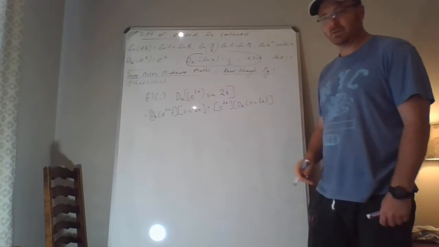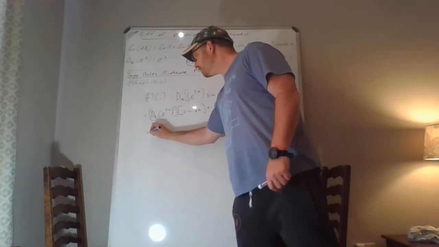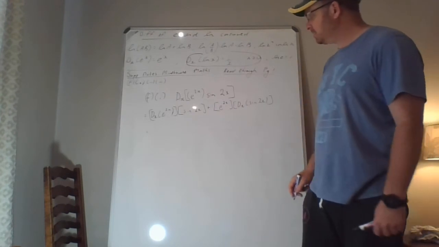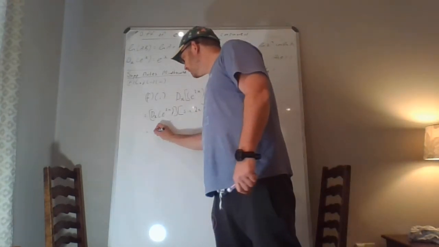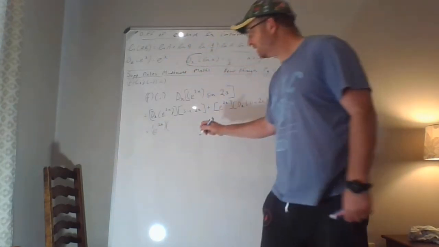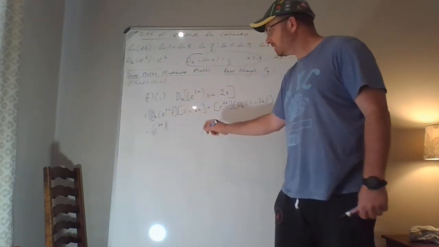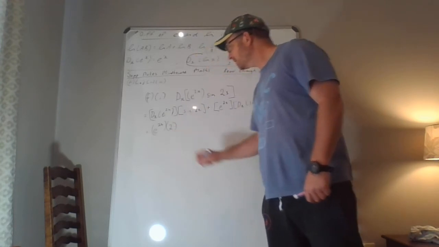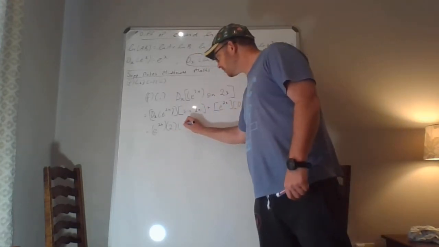You can skip that step and go straight to this one. The derivative of e to the 2x uses the chain rule: e to the 2x, the derivative of the outside, times the derivative of the inside function 2x, which is 2. So that's the chain rule. I've still got to times it by sine 2x.